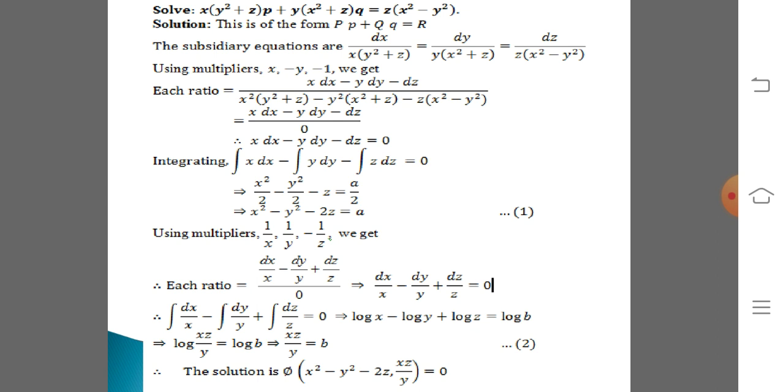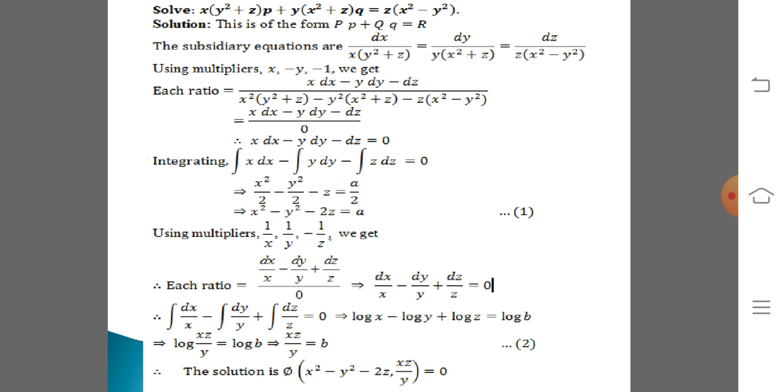If we choose the multipliers x, minus y, minus 1, each ratio in the auxiliary equation is equal to x dx minus y dy minus 1 dz by x into (y square plus z) minus y into (x square plus z) minus 1 into z into (x square minus y square).